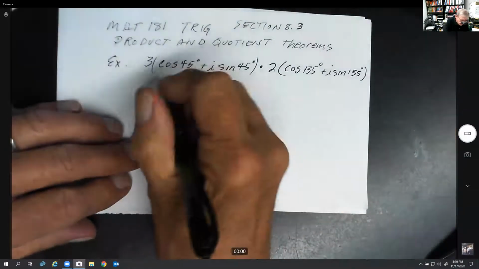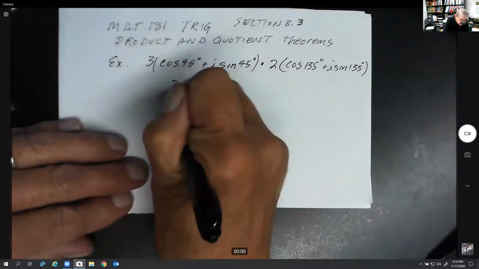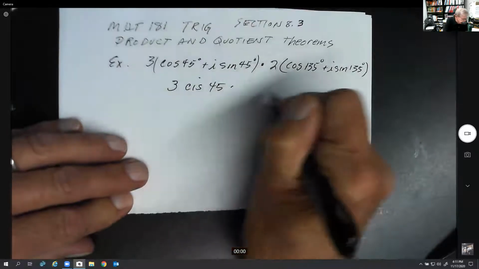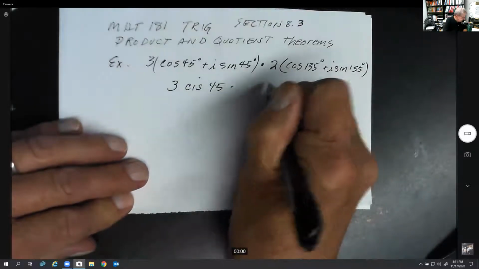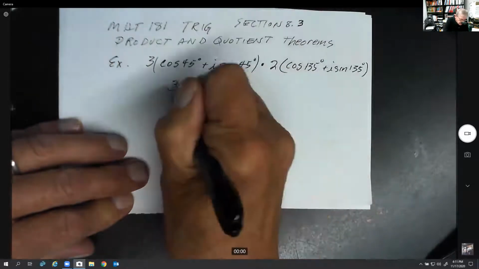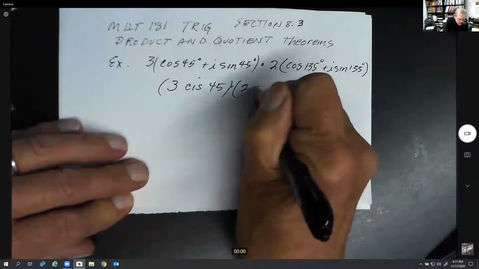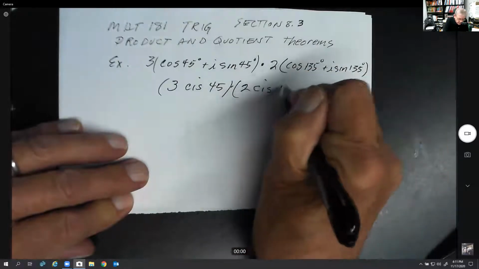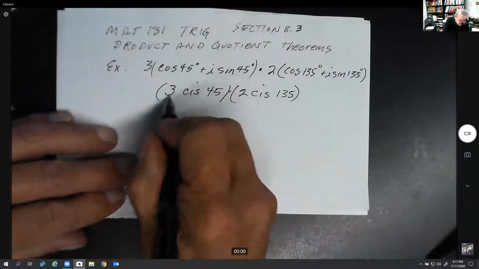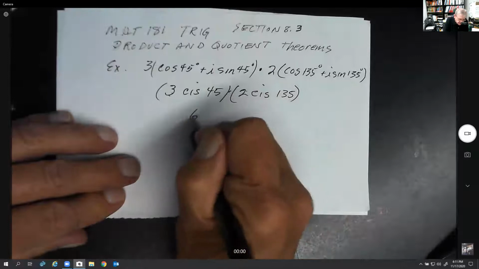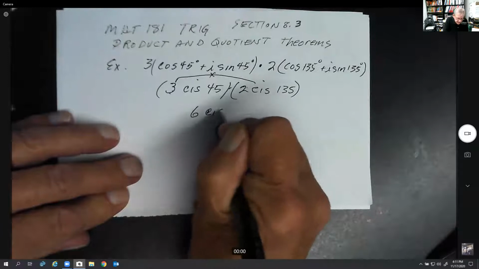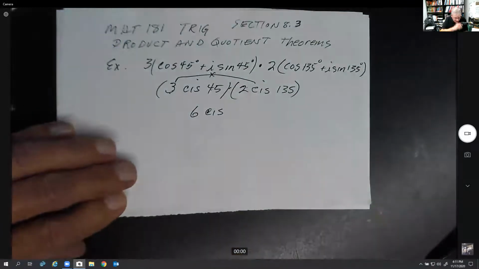This is expanded form; let's push it together. This is 3 cis 45 times 2 cis 135. So how would we do that? We could go crazy, but we could just multiply 3 times 2 is 6, and then add the angles. Cis 45 plus 135, what is that? 180.